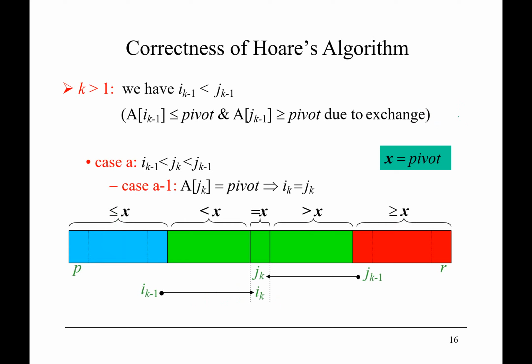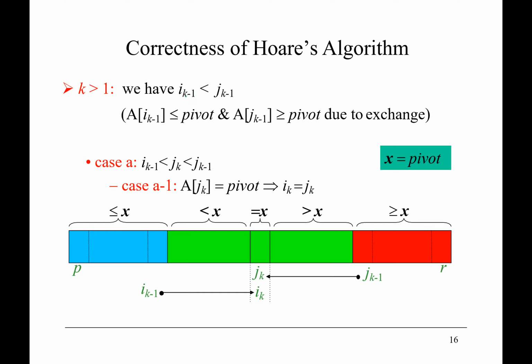right? First, we check if k is equal to 1, and in that case, it only happens when all the elements after the first location are greater than the pivot. Okay, when k is larger than 1, in that case, in the last loop, i and j do not stay in the first location.